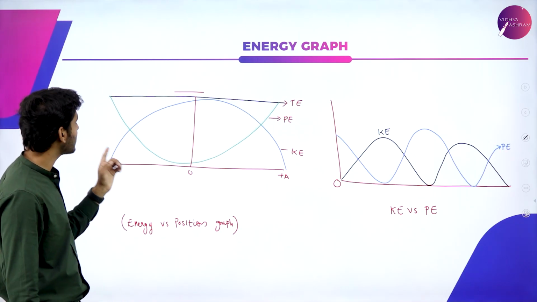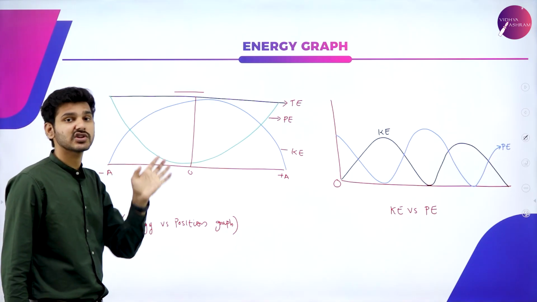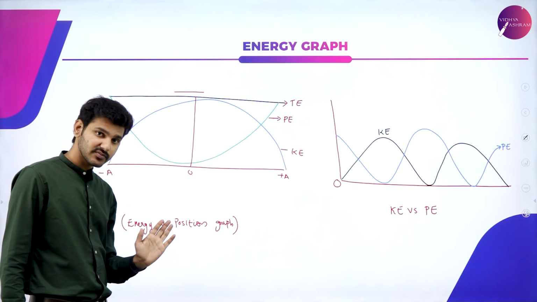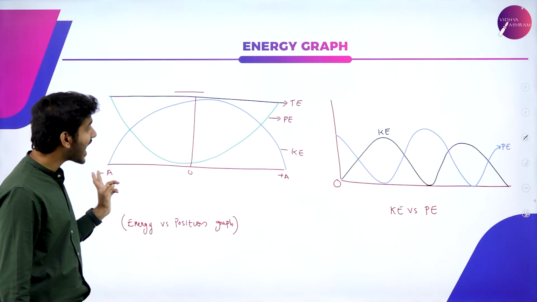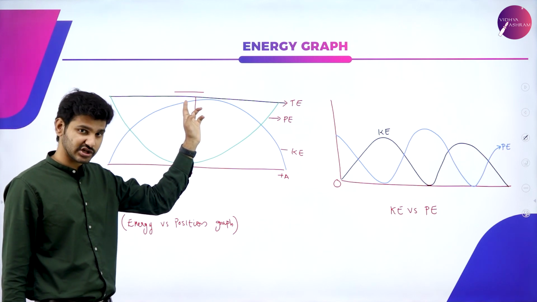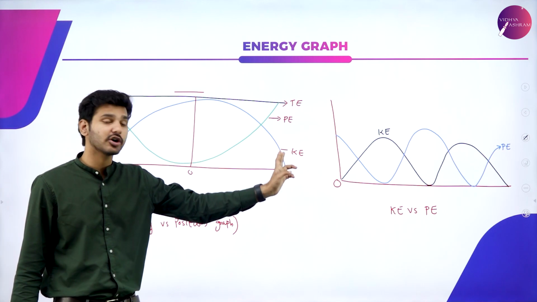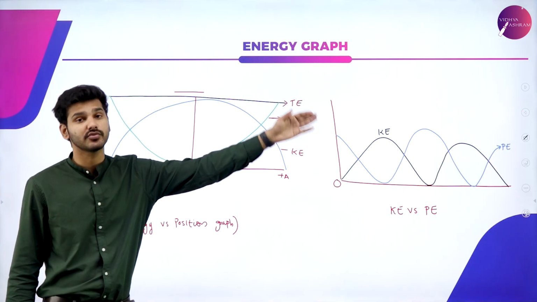And then we have the kinetic energy of a simple pendulum, which starts from the lowest point possible, that is from the extreme position, and it reaches a maximum value at the mean position, and then again it drops down to a minimum value, as it is swinging from left to right.